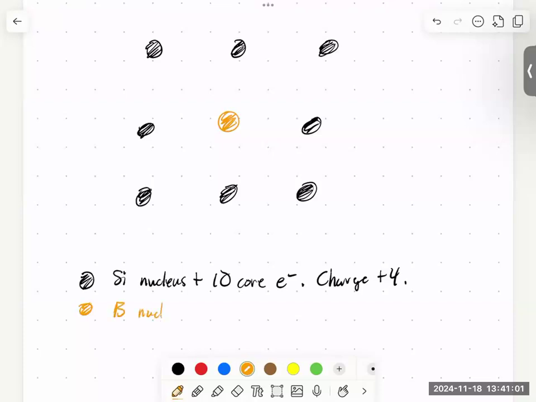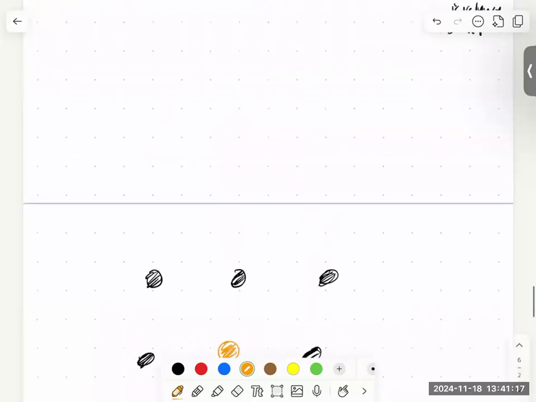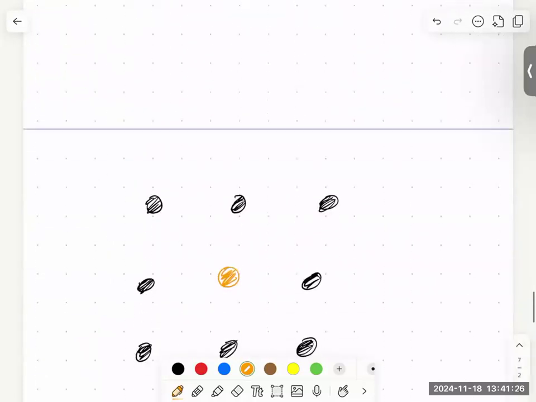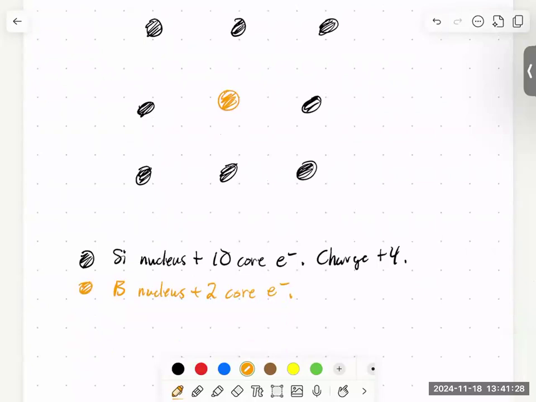So the boron nucleus plus, let's see, it's going to be just 2 core electrons. Boron is the 3rd element. Sorry, no, it's not. It is the 5th, right? So it's 1, 2, 3, 4, 5. It's the 5th element, so it has 5 protons surrounded by 2 core electrons. So the charge is going to be plus 3.